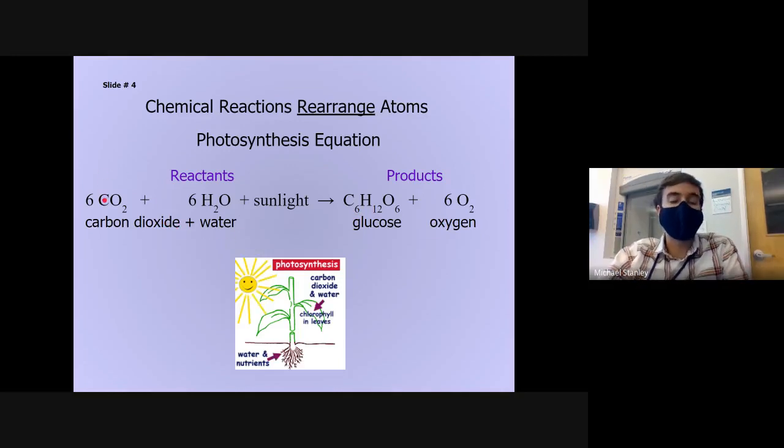So we use their chemical symbols, right? C for carbon, O for oxygen, and H for hydrogen. So we have CO2 plus H2O turns into C6H12O6 plus 6O2.